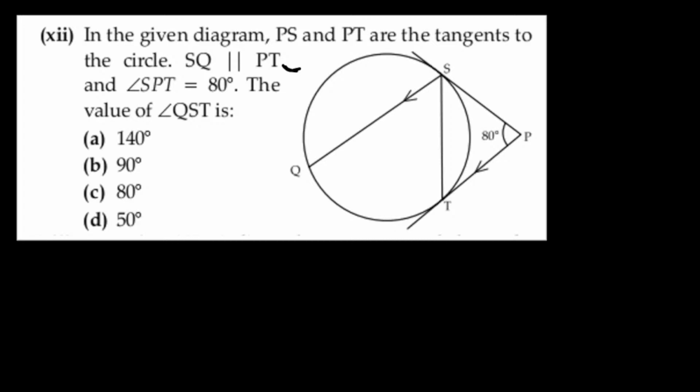So tangents are given to us, one angle is given to us, and these lines are parallel. So you can apply the concept of parallel lines, because immediately if lines are parallel, alternate angles, corresponding angles, those type of angles should come to your mind. So are we getting any such angles?